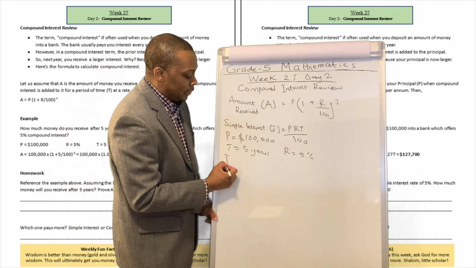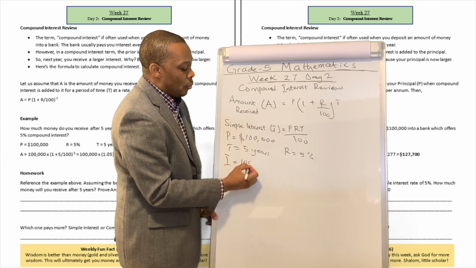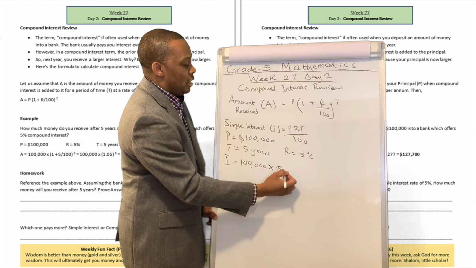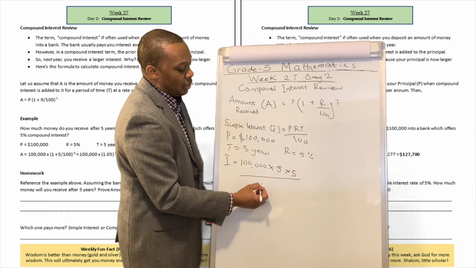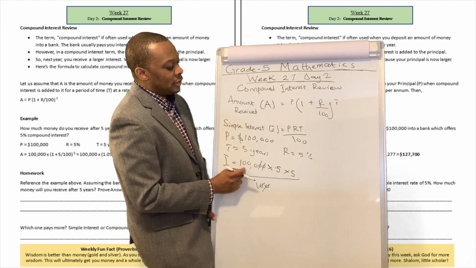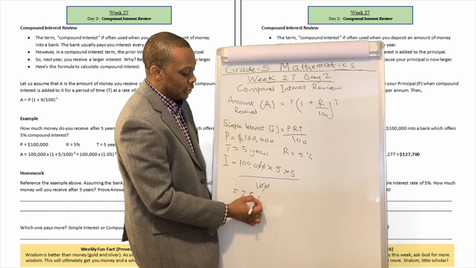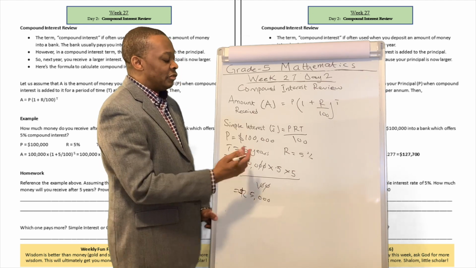Well, let's calculate the simple interest to start with. That's going to be PRT, which is $100,000 multiplied by 5, and then multiplied by 5 years divided by 100. 0 cancels 0, 0. So 1,000 multiplied by 25 is equivalent to $25,000 essentially. That's the amount of interest you are going to get after 5 years.